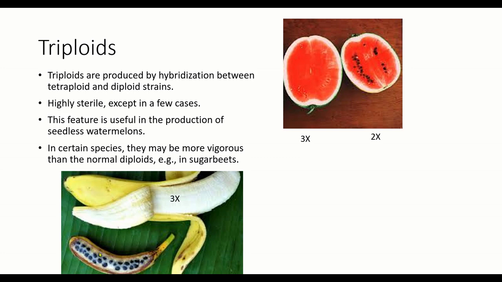If there were a huge number of seeds inside it, people wouldn't be able to consume it fresh. In watermelon also we have a larger fruit size and, at the same time, seedlessness in the fruit, which makes it easy for consumers to buy and makes the market more attractive.